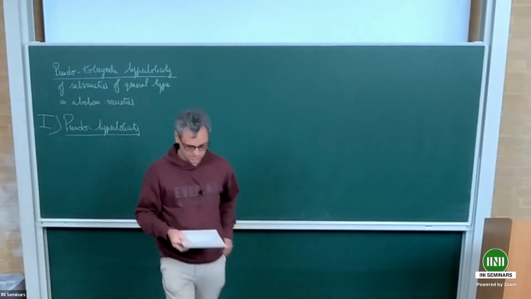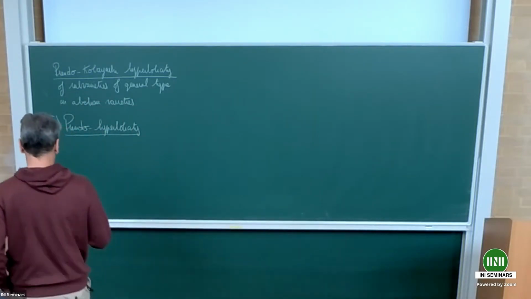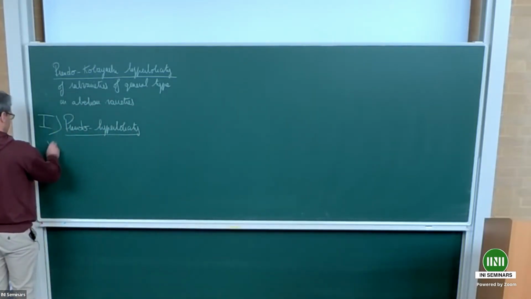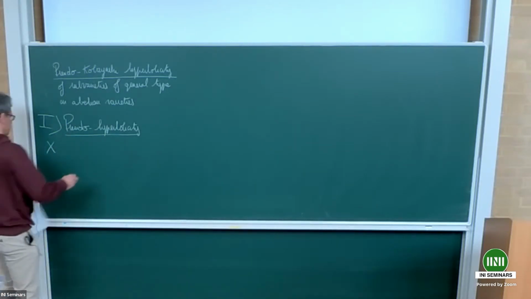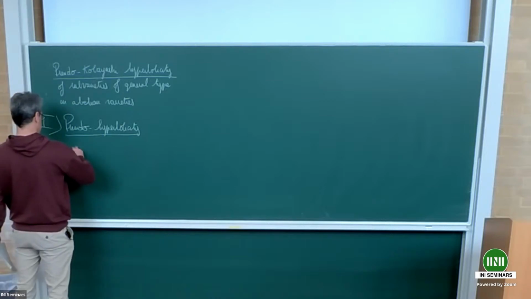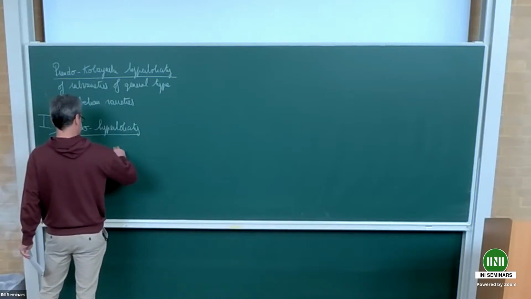So we've seen last week several statements about hyperbolicity, and probably also pseudo-hyperbolicity, but probably not in the sense of Kobayashi. So X is any complex variety.